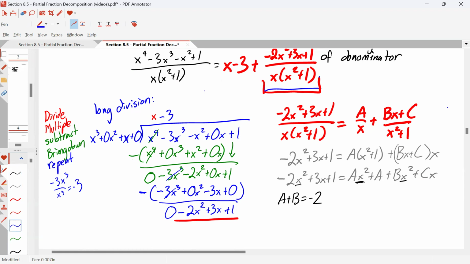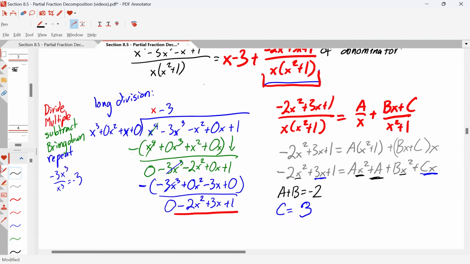Our x's have to add together to be 3. So C is 3. And finally, our constants have to add together. A has to equal 1. That means if A equals 1, B equals -3, because 1 minus 3 is -2.